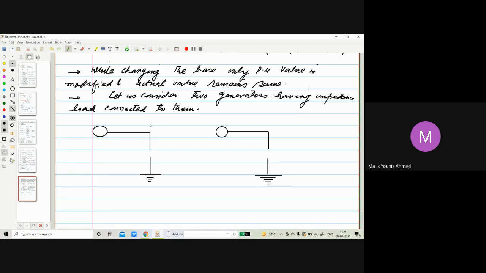Okay, so I'll be drawing this. This is a bus bar here for this one.